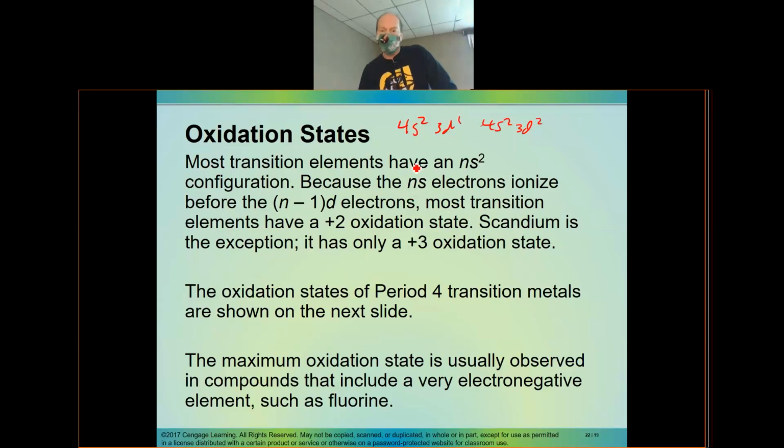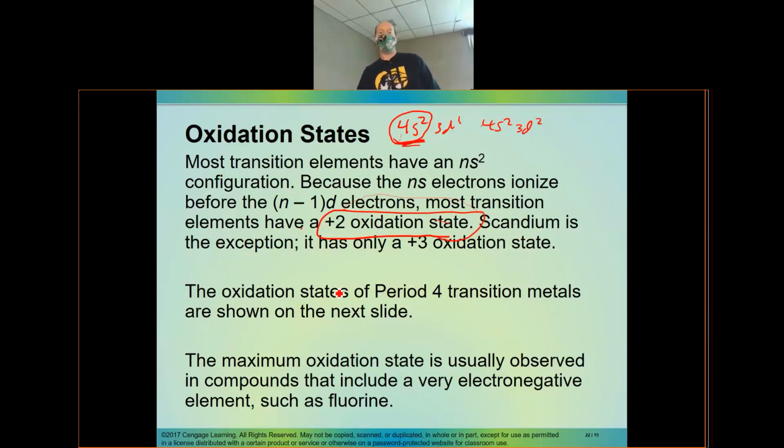When you're removing electrons to get positive oxidation numbers, as metals will have, you're going to remove the 4s electrons first. So most of your transition elements have a stable +2 oxidation state because you have 2 electrons in the higher energy 4s, or the next one down, 5s, or the next one down, 6s. So all of them have an s2 that is easily removed.